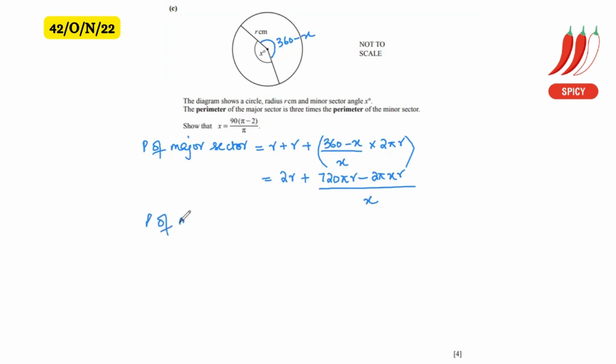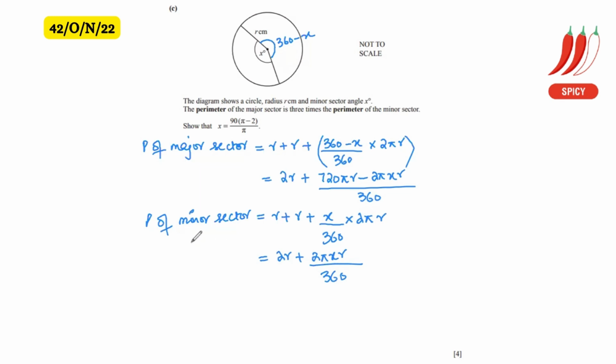Now the perimeter of the minor sector would be again r plus r, but now x over 360. Oh wait, that's 360, let's divide by 360, not x. Okay, x over 360 times 2 pi r. So that's 2r plus 2 pi x r over 360.